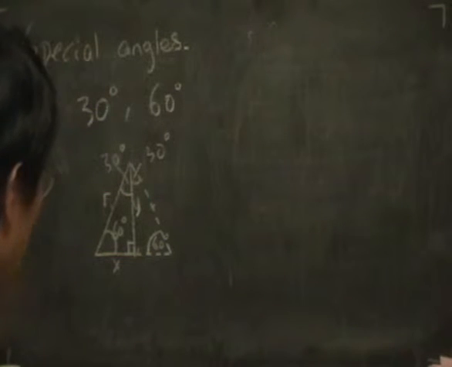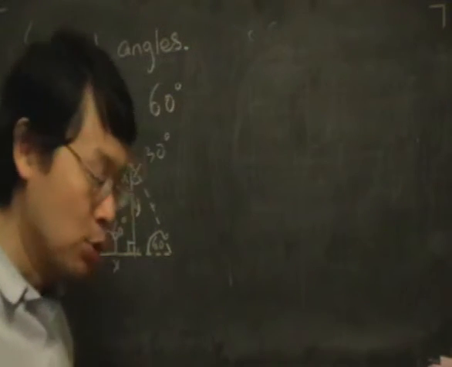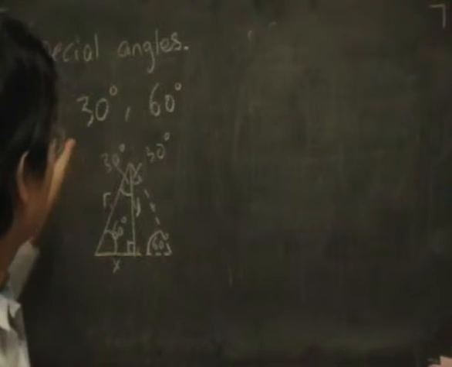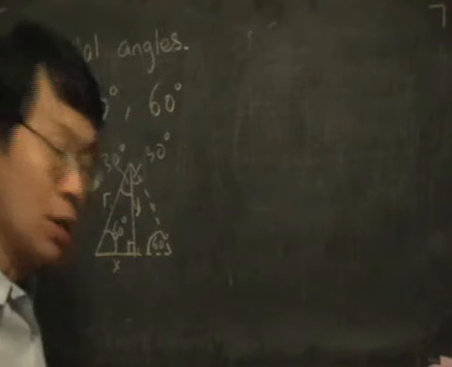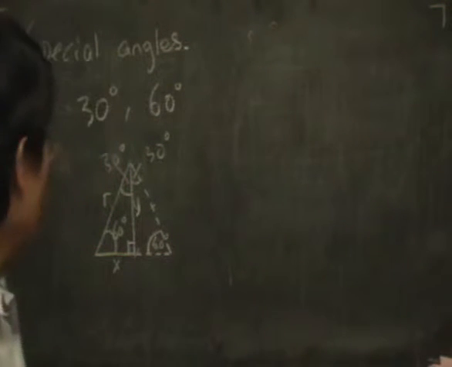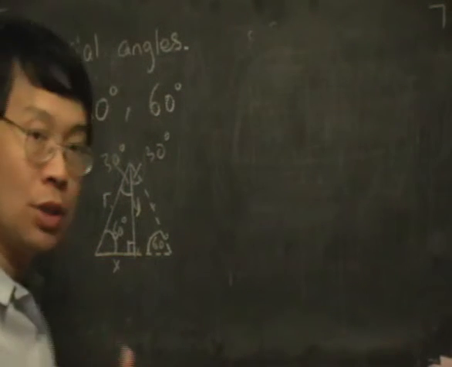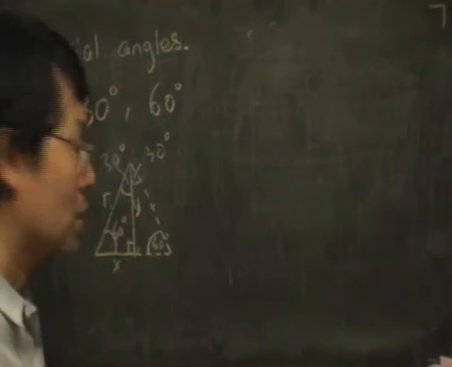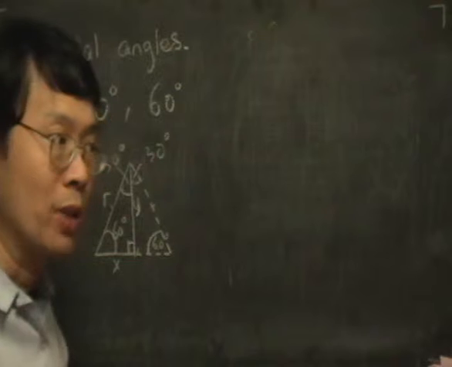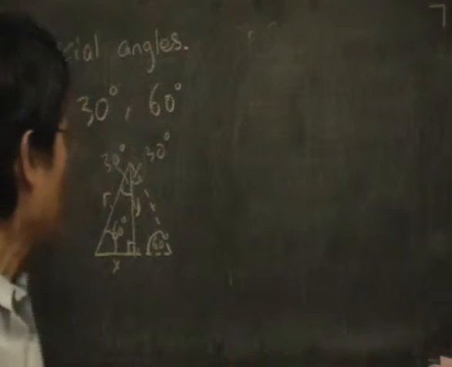Now, in order to make use of this to find the sines and cosines of these angles, the next step is to just think of a number to give to the side. It's like thinking of an example.